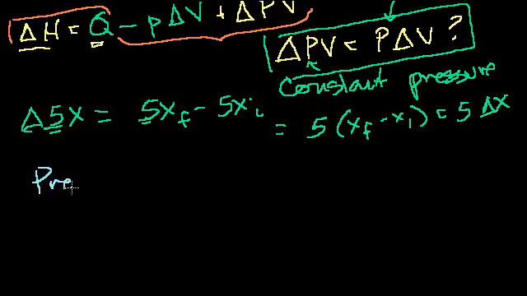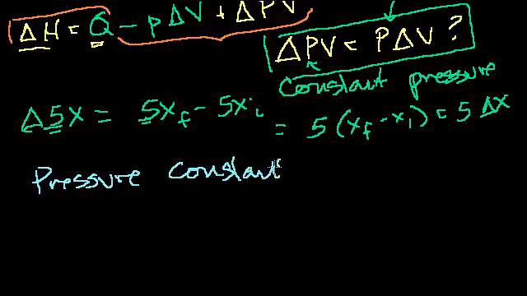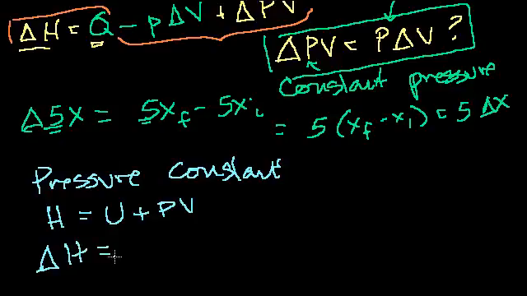If pressure is constant, then our definition, this enthalpy thing we made up, which we defined as internal energy plus pressure times volume, in a constant pressure system, our change in enthalpy, we just showed, will be equal to the heat added to the system, because these two things become equivalent under constant pressure. So I should write that: this is only true when heat is added in a constant pressure system.